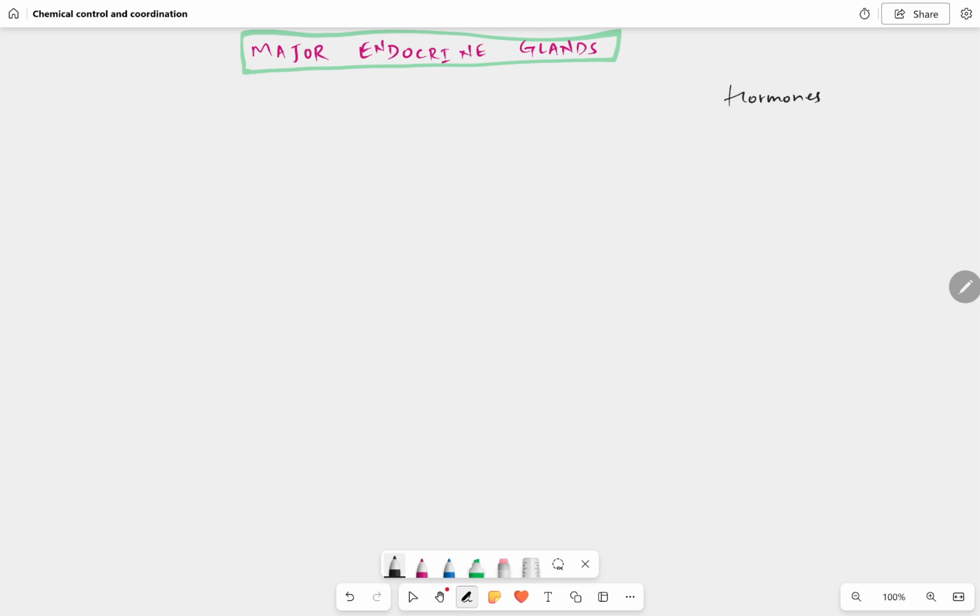seen. Hormones are chemicals, intercellular messengers, produced in trace amounts, which are non-nutritive. The types may be water soluble and lipid soluble.